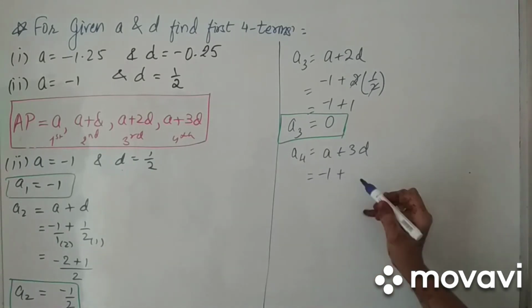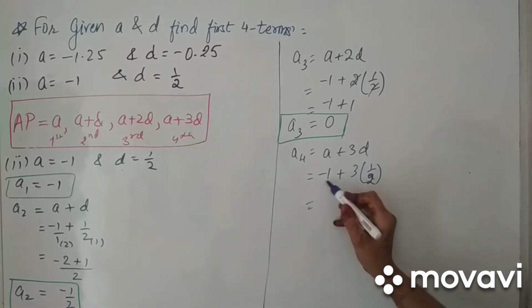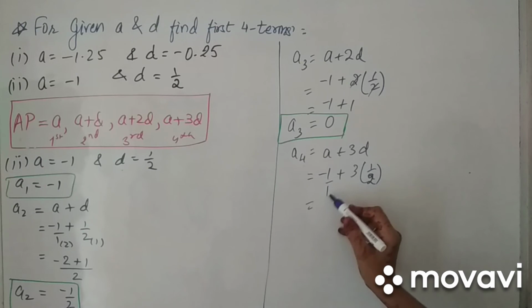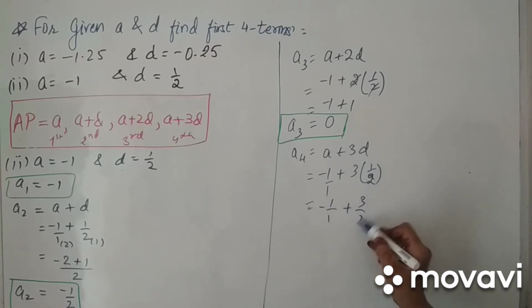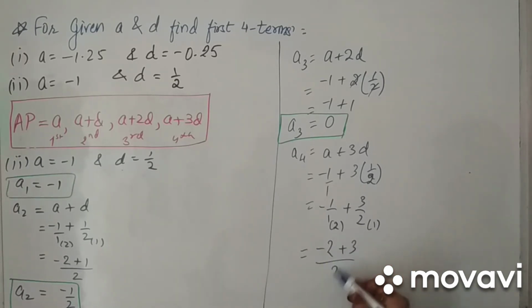A is minus 1 plus 3 into 1 upon 2. So here you have to take out the LCM because 3 and 2 are not cancelled. So minus 1 upon 1 plus 3 upon 2. This term is multiplied by 2 and 2 is multiplied by 1. So what are you getting? Minus 2 plus 3 upon 2. Minus plus plus, take the sign of the greater number. Greater number is positive.